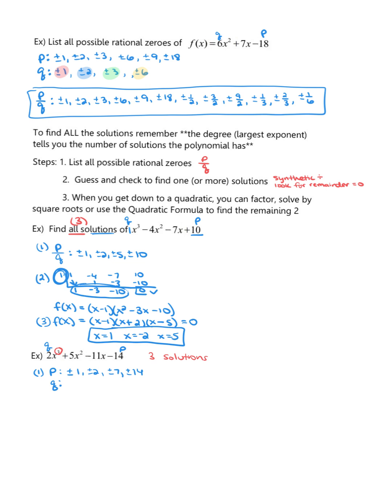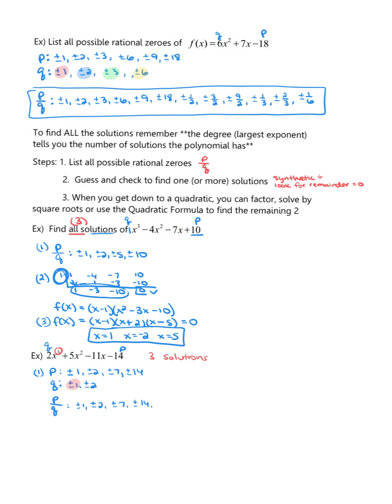Q is 2, so 1 times 2. And then P over Q, everything over 1. And then after that, we'll do all of our P's over 2. So 1 over 1, 2 over 1, 7 over 1, 14 over 1.